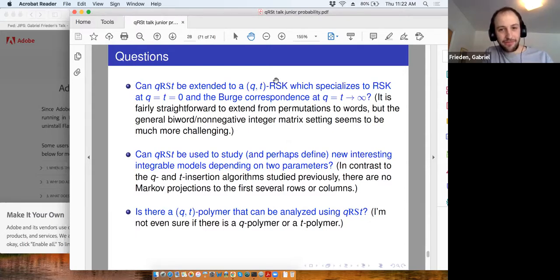So we might need to have the q-TRSK to even be able to think about that. Have you done that?